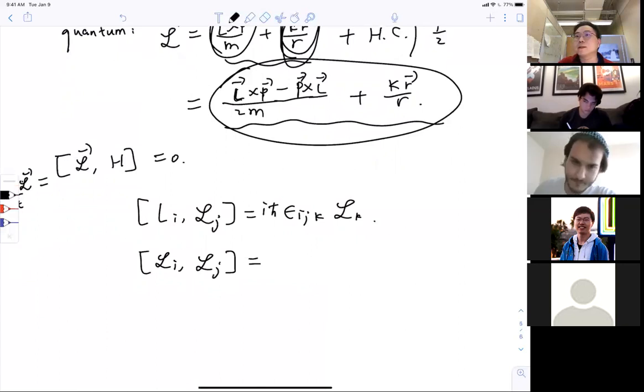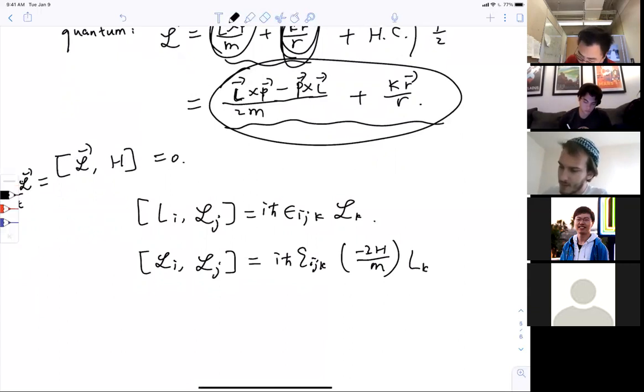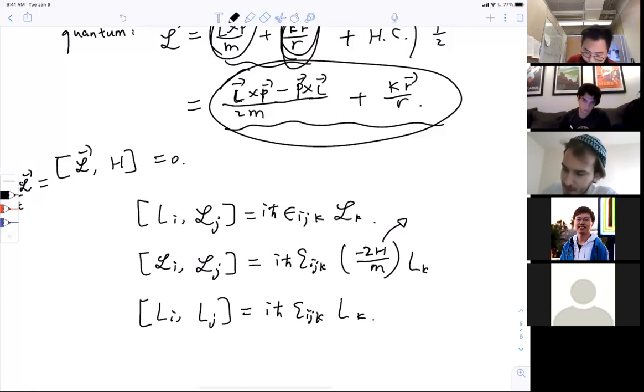I didn't remember the coefficients, which is i h bar epsilon ijk times minus 2H divided by m. So this H is the Hamiltonian. Yeah, this is true. And combined with this L, the angular momentum, h bar epsilon ijk L k.